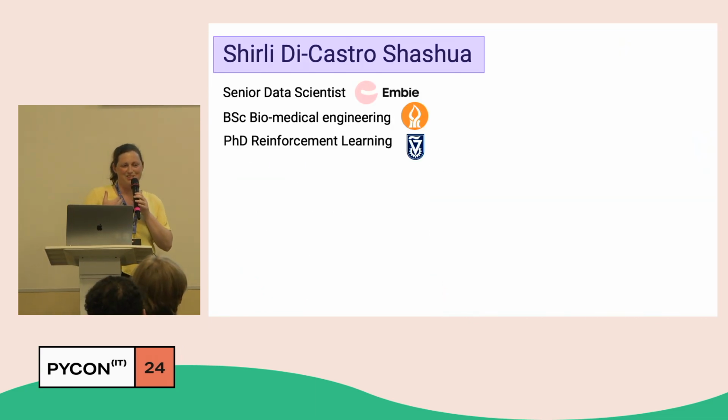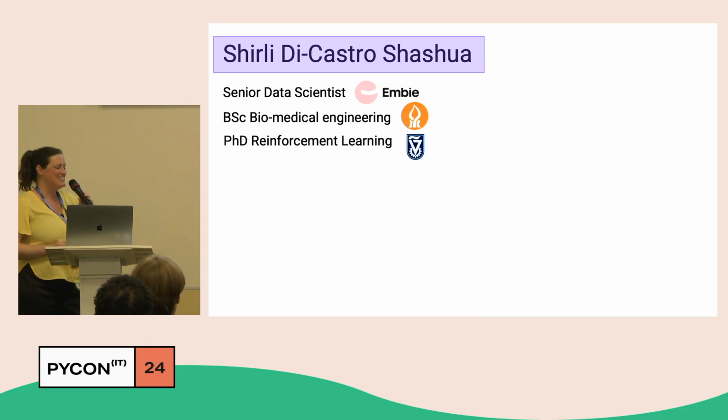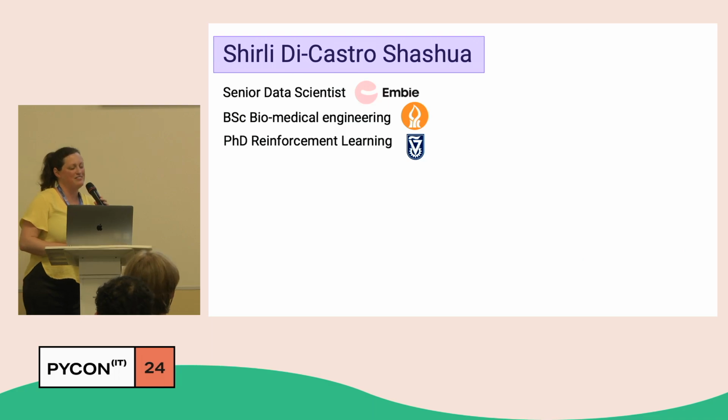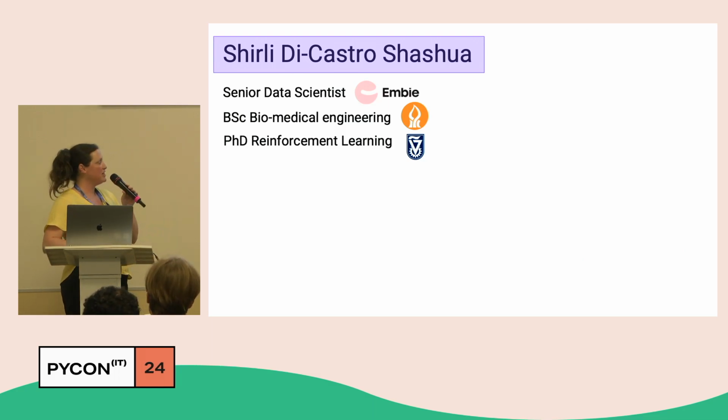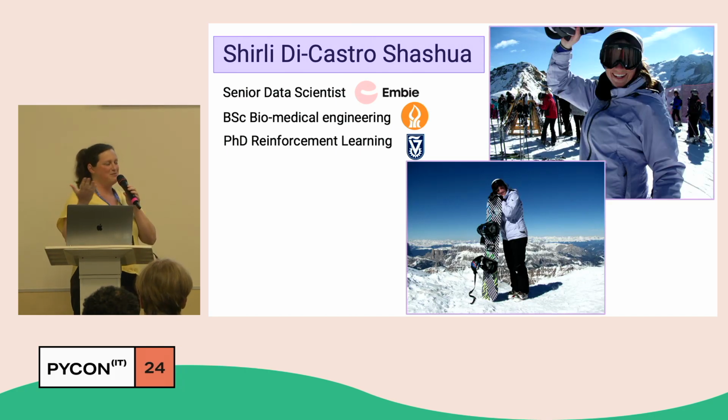I am Shirli Di-Castro Shashua. I'm from Israel. Miei genitori sono da Roma, allora so parlare italiano abbastanza bene. I'm a senior data scientist at MB. In my professional background, I have a BSc in biomedical engineering and a PhD in reinforcement learning. This is me at my most favorite vacation, skiing.